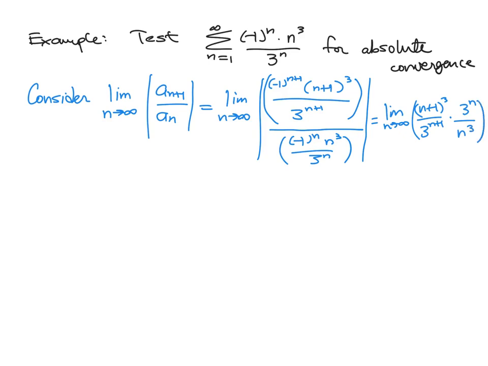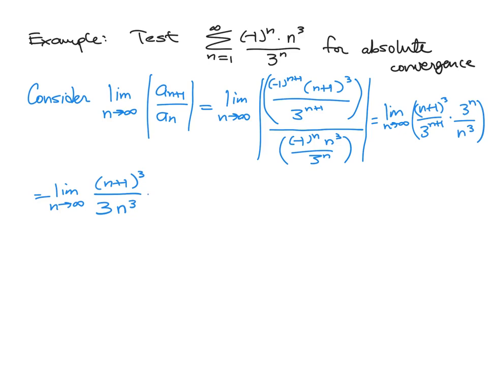So that's the limit that I'm dealing with. So if I keep this going, that's going to equal the limit as n goes to infinity. So the 3 to the n and the 3 to the n plus 1 will partially cancel, so I'll be left with just a 3 on the bottom. So it's 3n cubed on the bottom and n plus 1 cubed on the top.